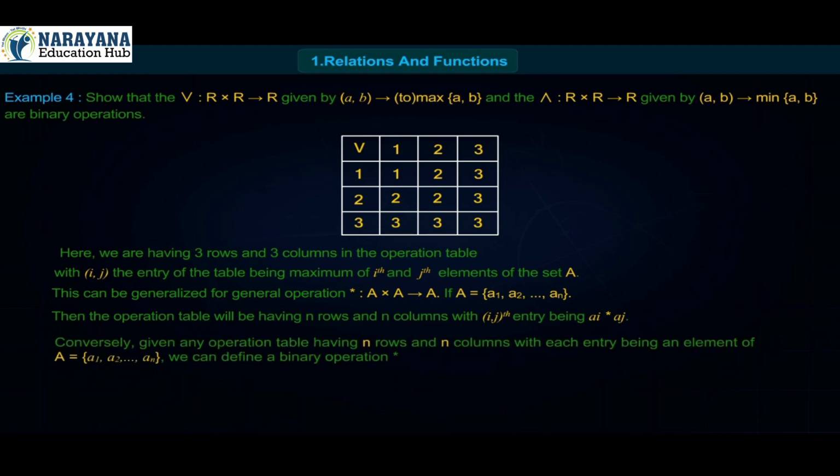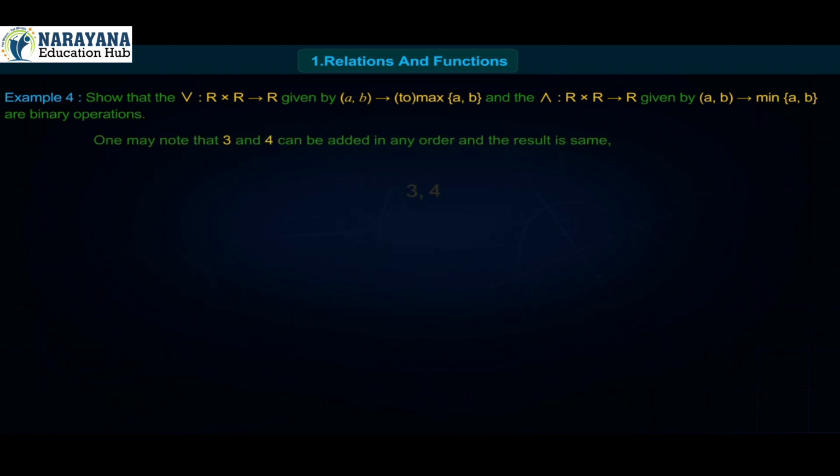Conversely, given any operation table having n rows and n columns with each entry being an element of A, equal to the set {a1, a2, up to an}, we can define a binary operation star from A cross A to A given by ai star aj is equal to the entry in the ith row and jth column of the operation table.